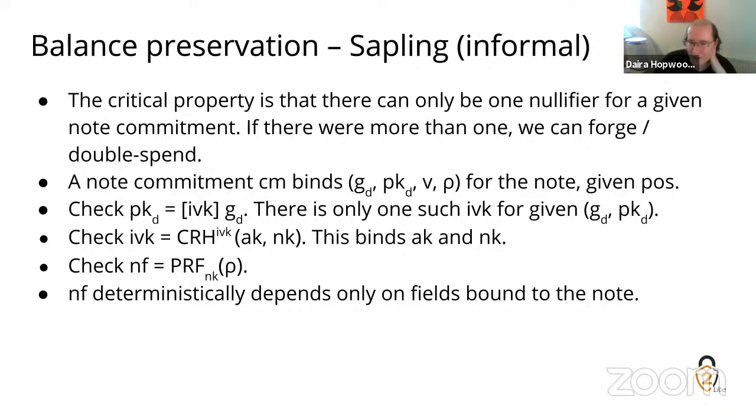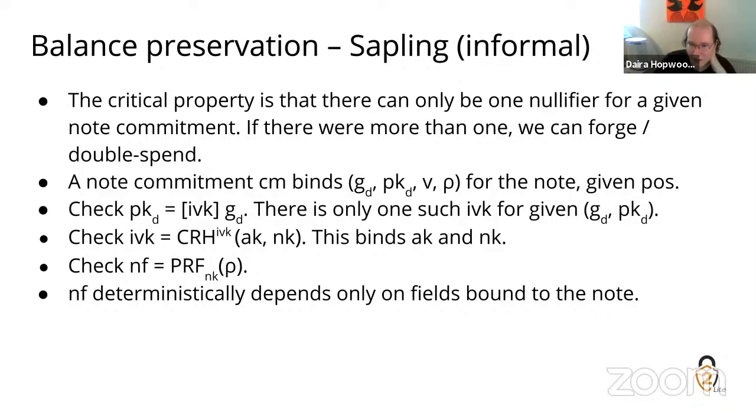And what that means is that given a commitment, we know that there's only one possible tuple of these fields that will have that commitment. This is exactly the same as in Sapling. In Sapling, this also depends on the position of the note in the commitment tree. For Orchard, we'll see that it doesn't depend on that.